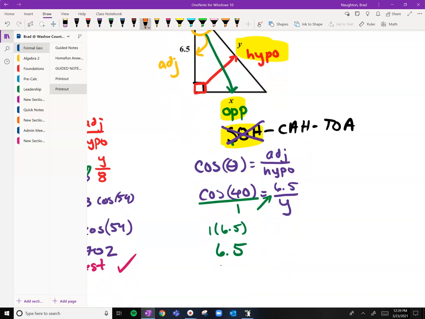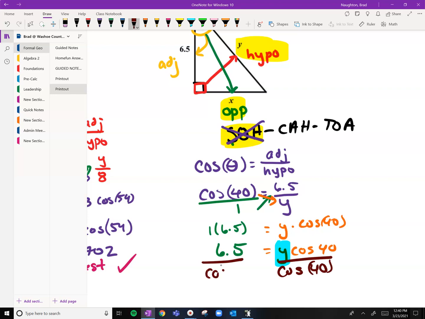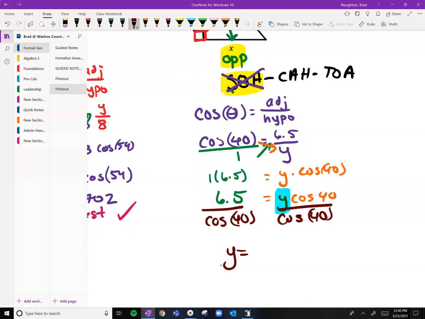And then cross multiplying the other way, I'm going to get y times the cosine of 40. Now, since we're solving for y here, my friends, I'm going to divide both sides by the cosine of 40. So I'm going to get y is equal to 6.5 divided by the cosine of 40.